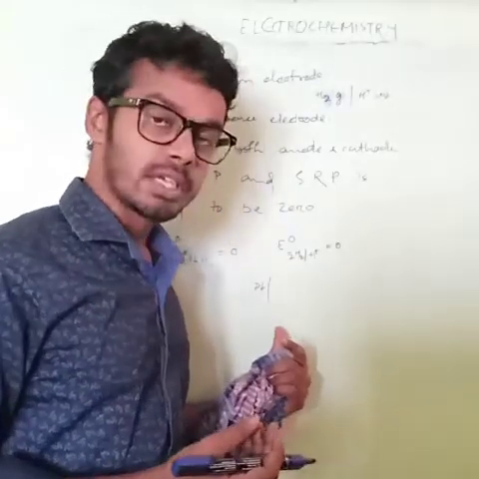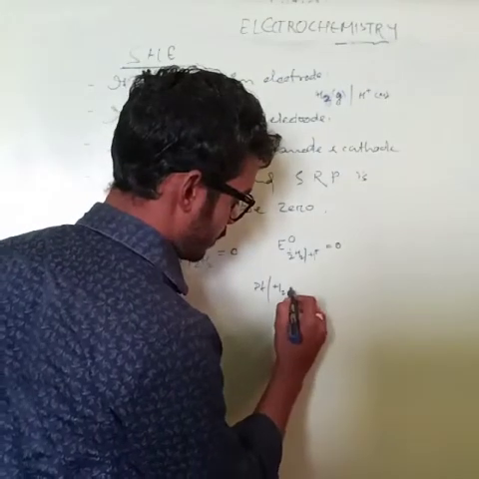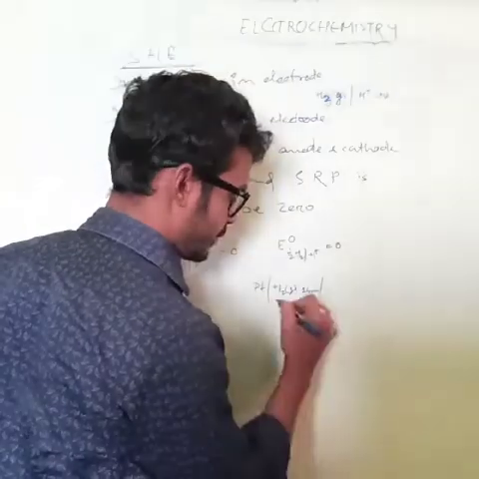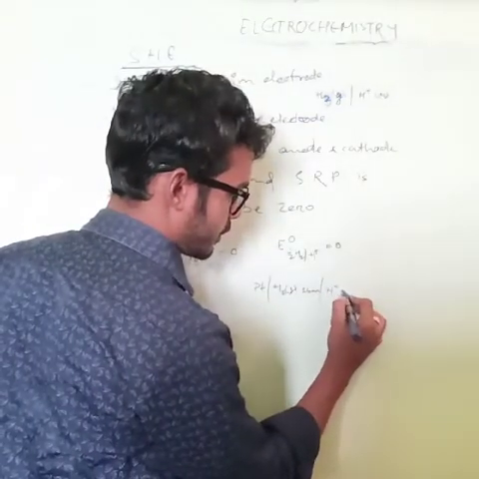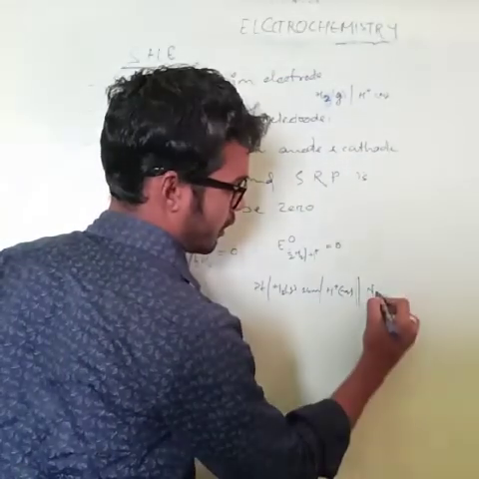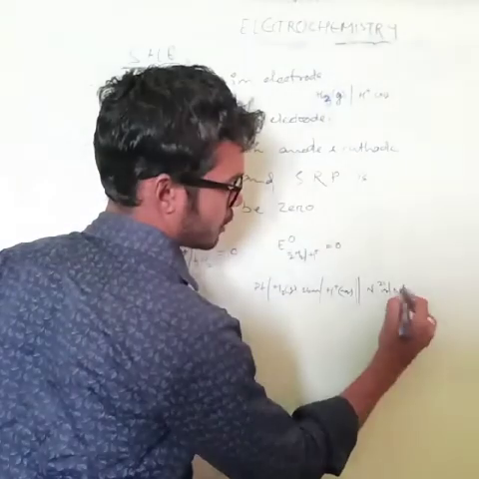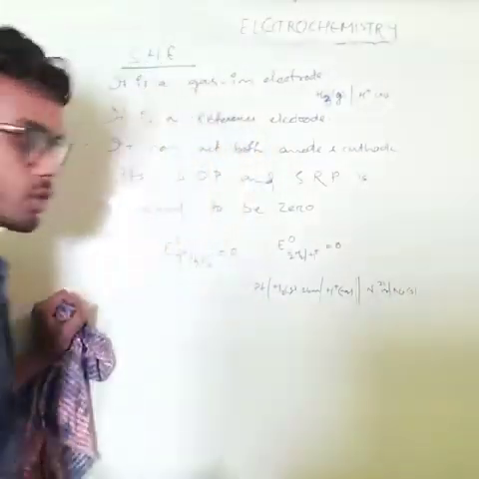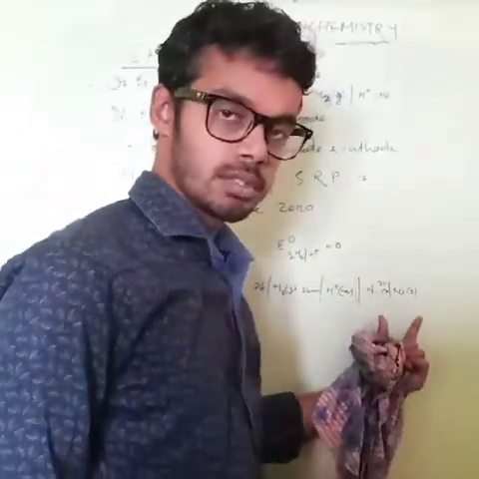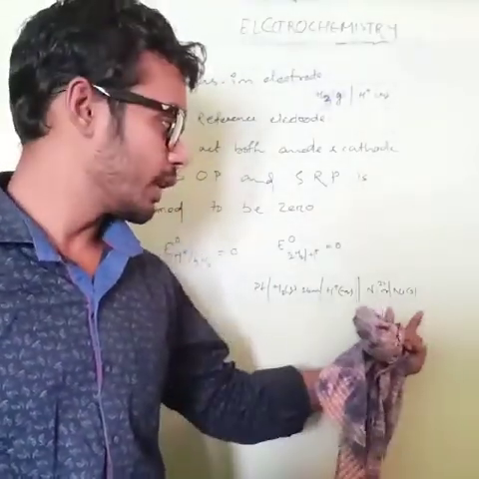So platinum has H2 gas at 1 bar pressure, standard conditions, and H plus aqueous solution, and suppose nickel 2 plus aqueous and nickel solid. Here the potential of the hydrogen electrode will be 0, so from that we can easily calculate the potential of this.